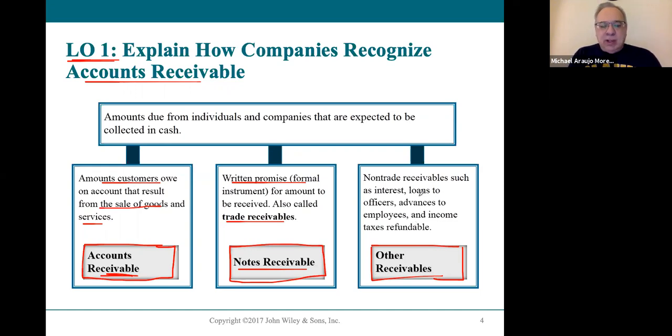A lot of corporations give loans to their officers or advances to employees or management, and they're waiting to receive payment back on that. So there are lots of other receivables that a company might have, but we're not going to be focusing on that. Again, the biggest part of the chapter is accounts receivable and a little bit on notes receivable.